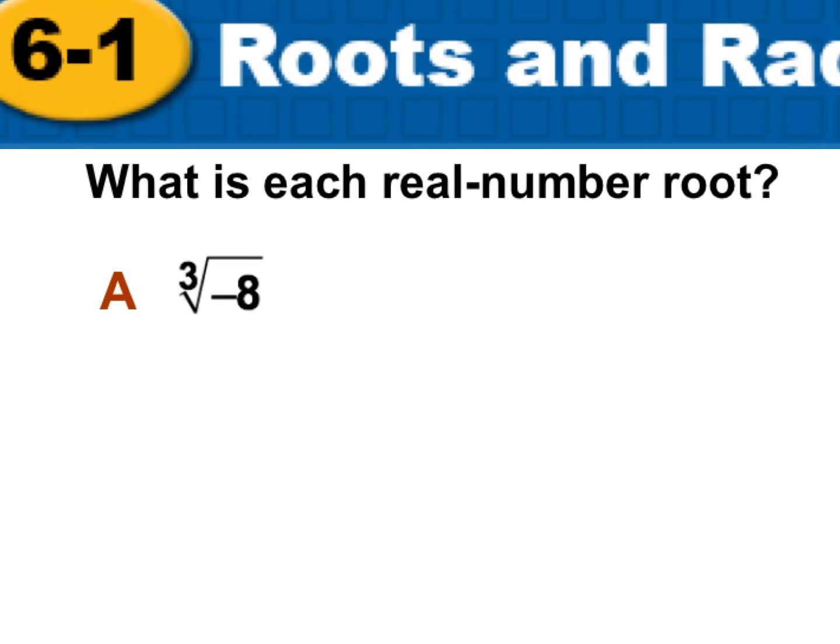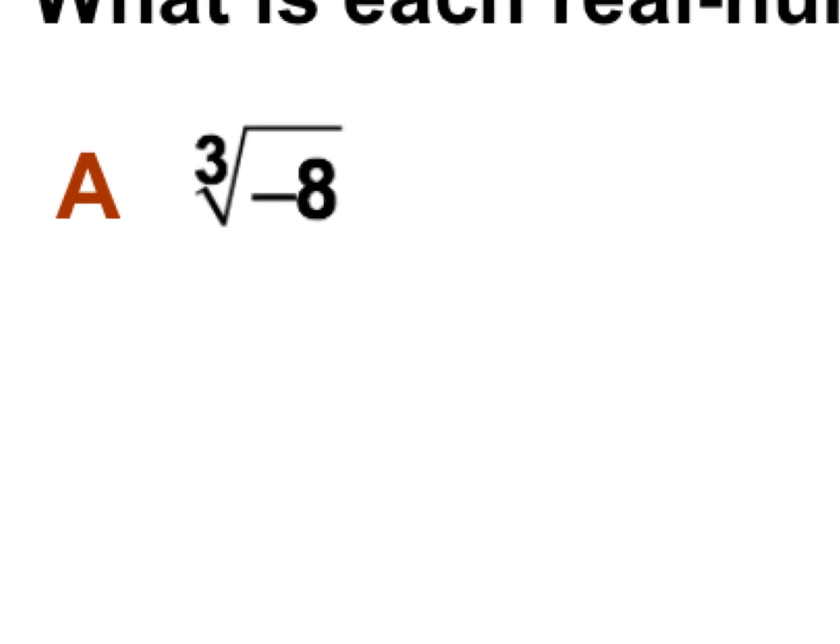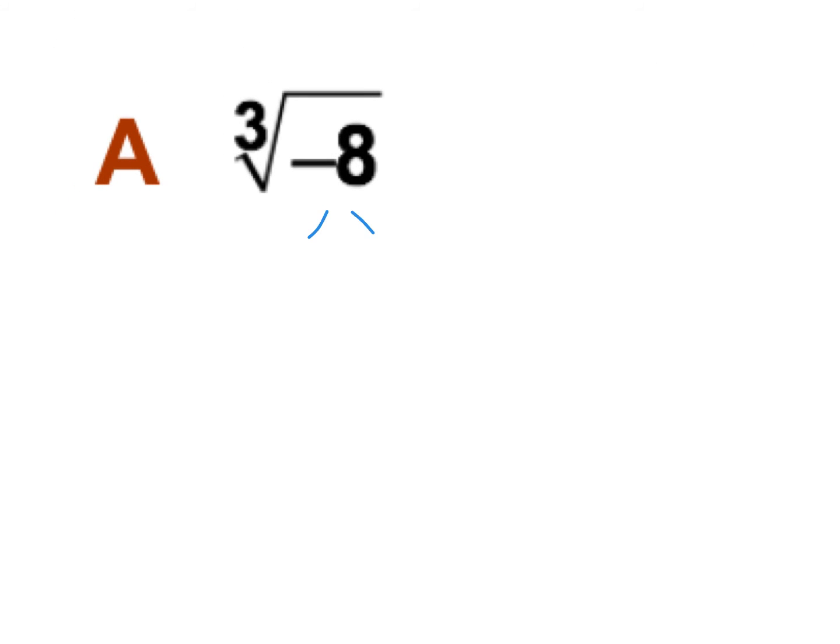So what is each real number root? What are factors of -8? -4 and 2. Factors of -4? 2 and -2. So I'm just going to ignore the negative for right now. So we have 2, 2, 2, and 2. How many numbers do we need to circle? 3.